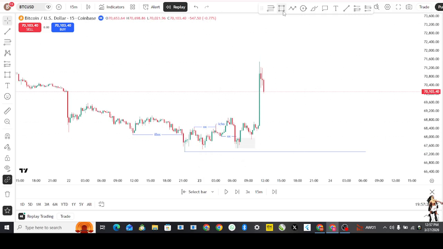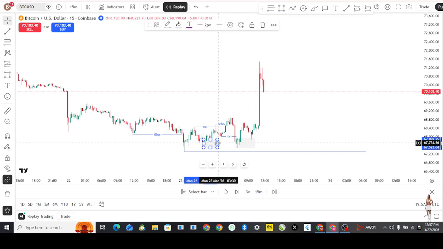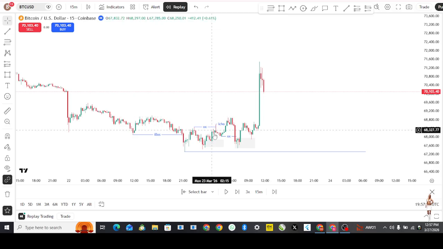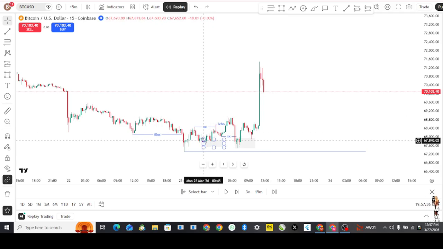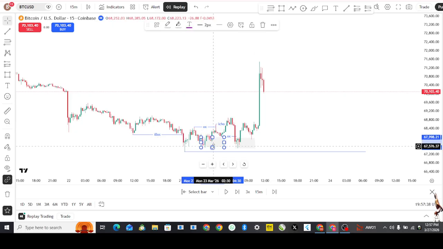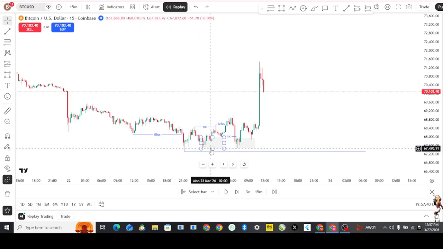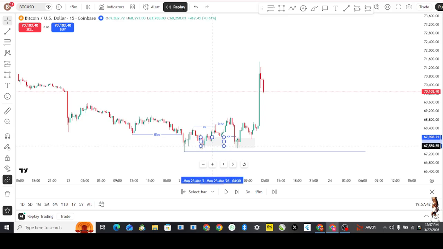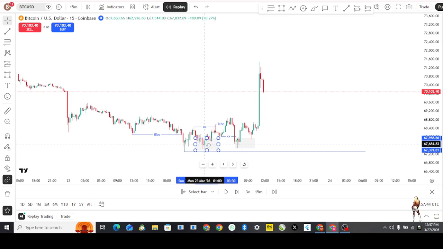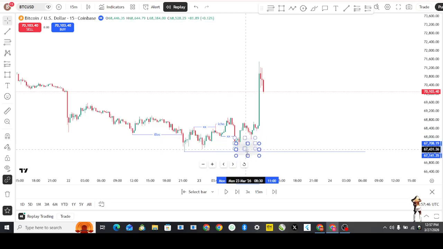If you look at all this zone here, this order block has once been mitigated, and it's also an inside bar. So I don't have any entry. If I'm to enter here, maybe I'll enter based on inducement.